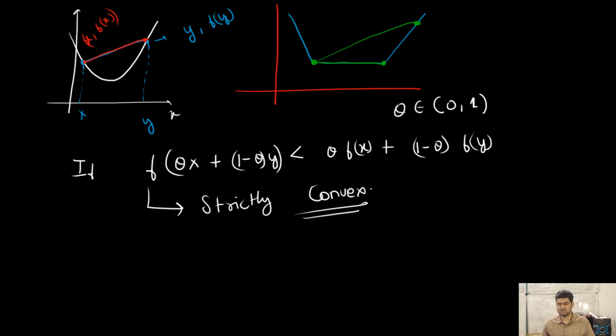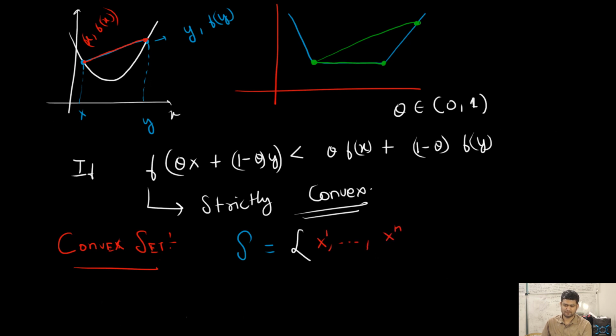So now the natural question is, what is a convex set? Let's consider we have a set S of some m data points, x1 up to xm.